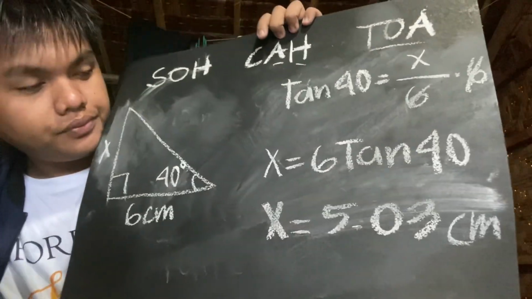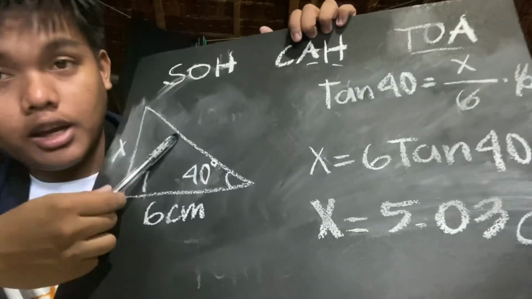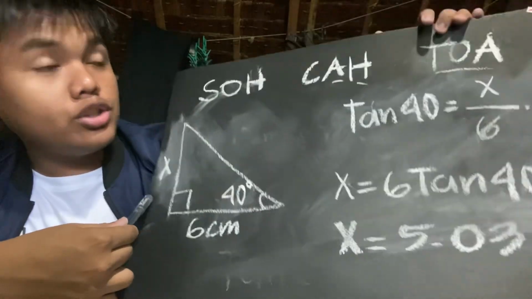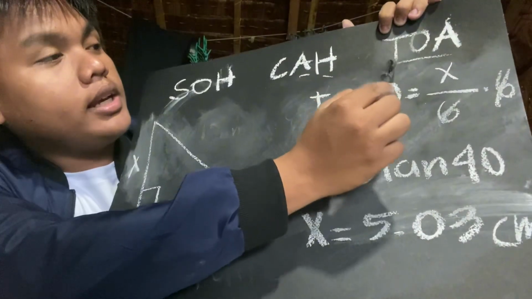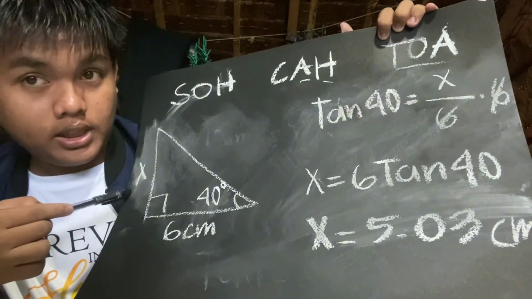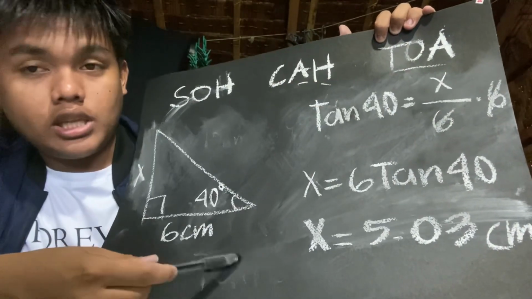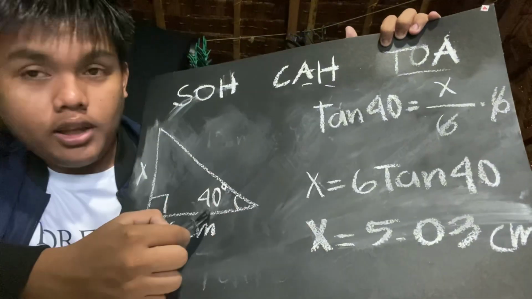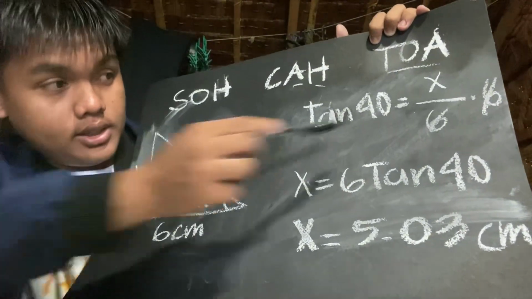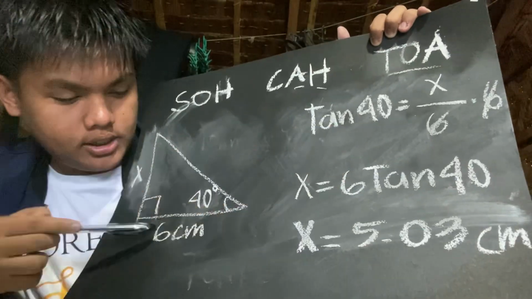To review, we have a given right triangle here, and we need to find the opposite of an angle. So we use TOA. Since TOA means tangent equals opposite over adjacent, we have the opposite here, and the adjacent is given. So tangent 40 equals opposite x over adjacent 6.